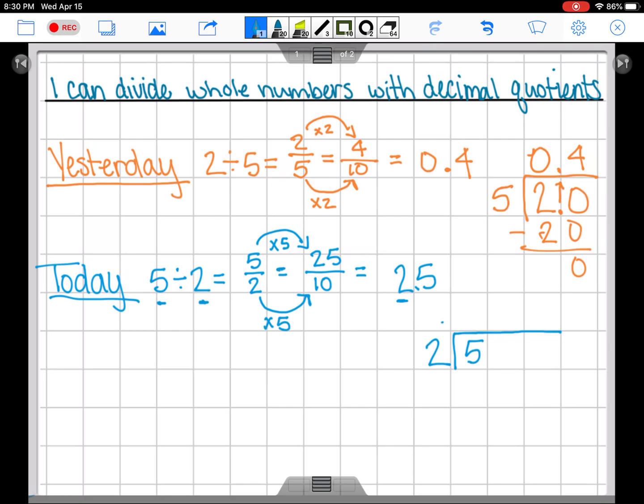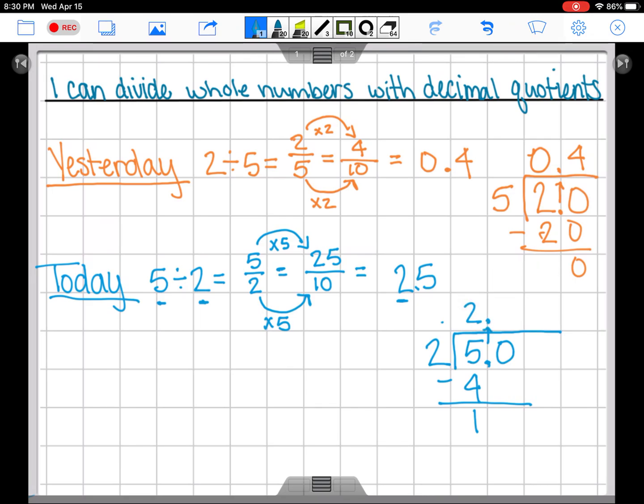Now we can also do this using our long division strategies, just like we did above. We are dividing 5 by 2. We can say, how many times does 2 fit into 5? Well, it can fit in 2 times. 2 times 2 is 4. Very nice. We can subtract and we'll have 1 left over. We know that 2 cannot fit into 1. So, just like before, we need to create an equivalent decimal. Put my decimal and my 0.